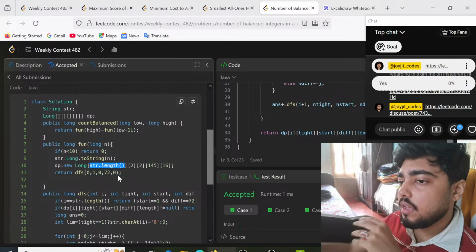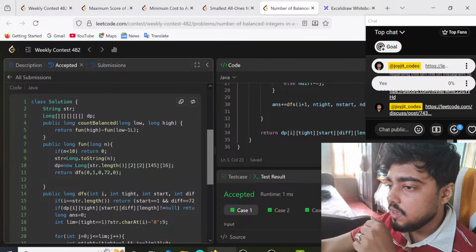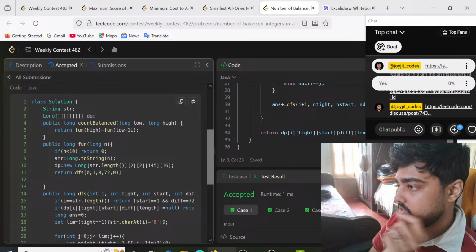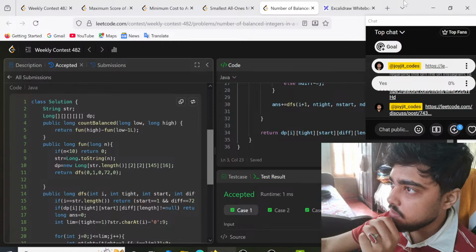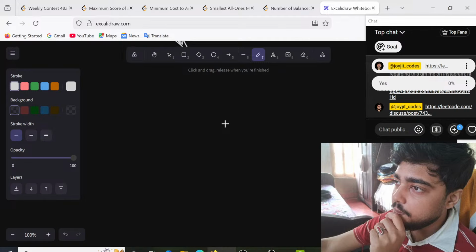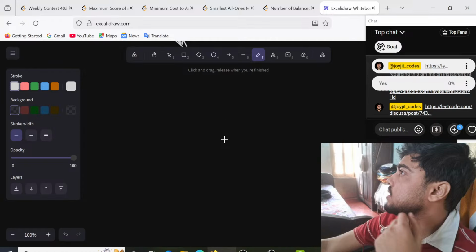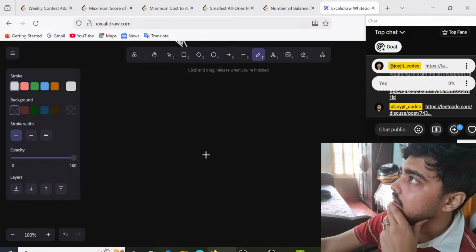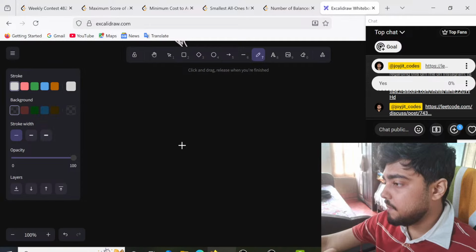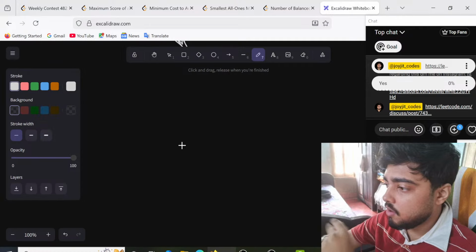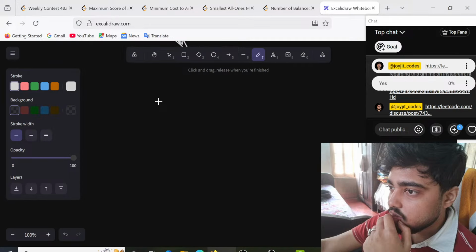The second point is going to define the tightness. What does tightness mean? Let's say I have to find a number. First of all, let me make you understand tightness with greater than equal.